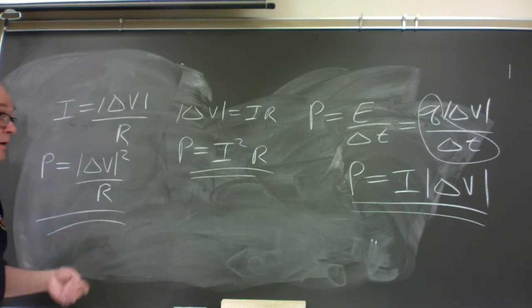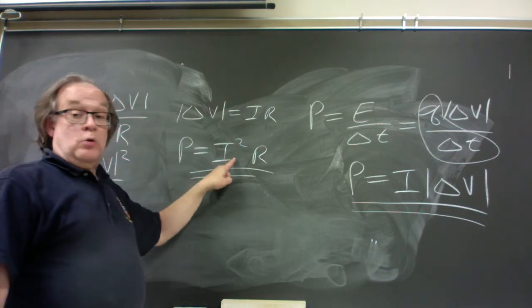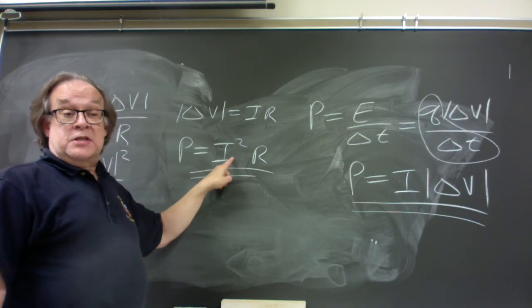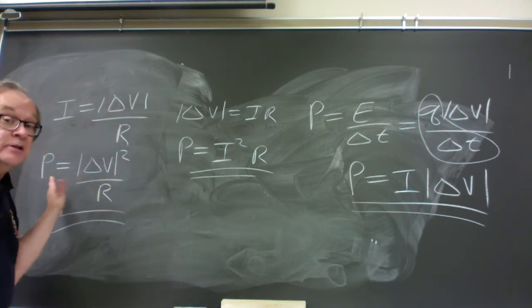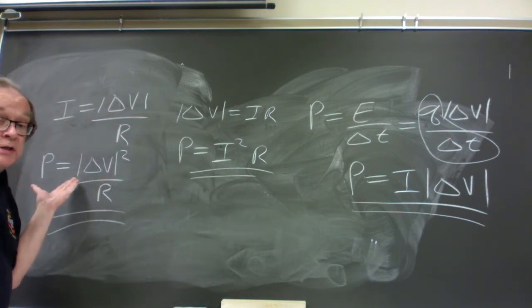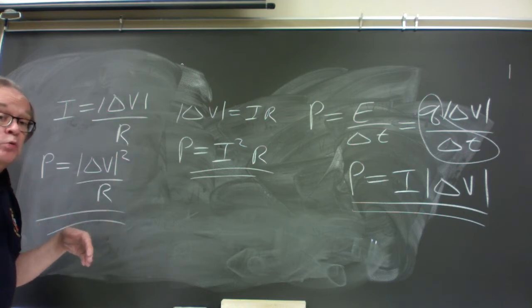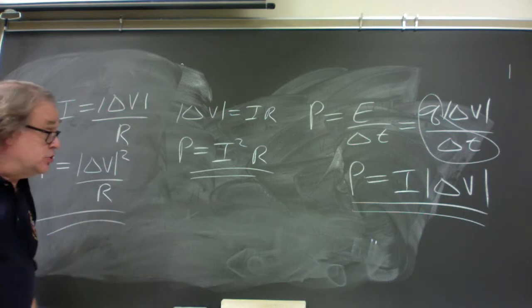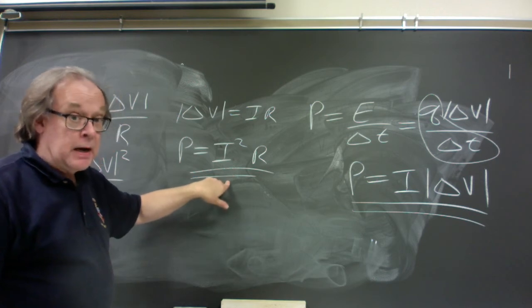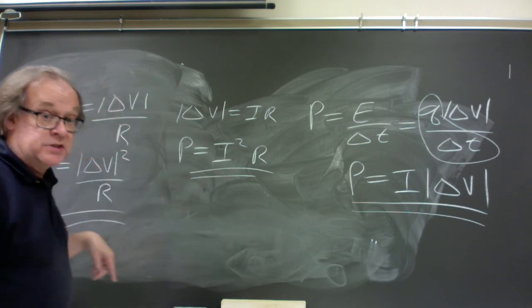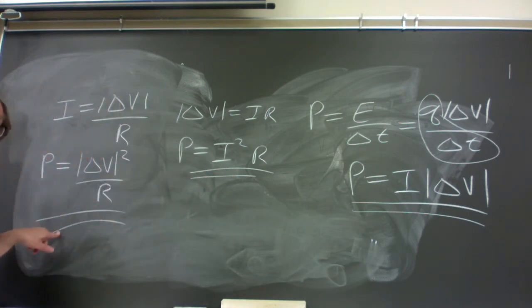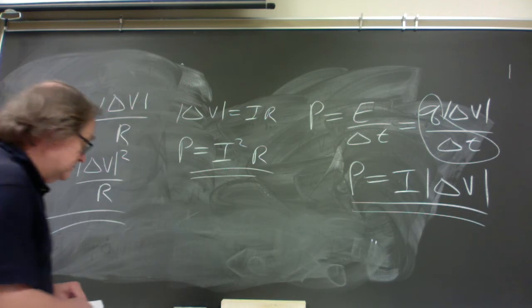Obviously, you can't have power proportional to the resistance and simultaneously inversely proportional to the resistance. But there will be some situations where power is proportional to resistance, and there'll be different situations where power is inversely proportional to resistance. Let's look at an example of that.